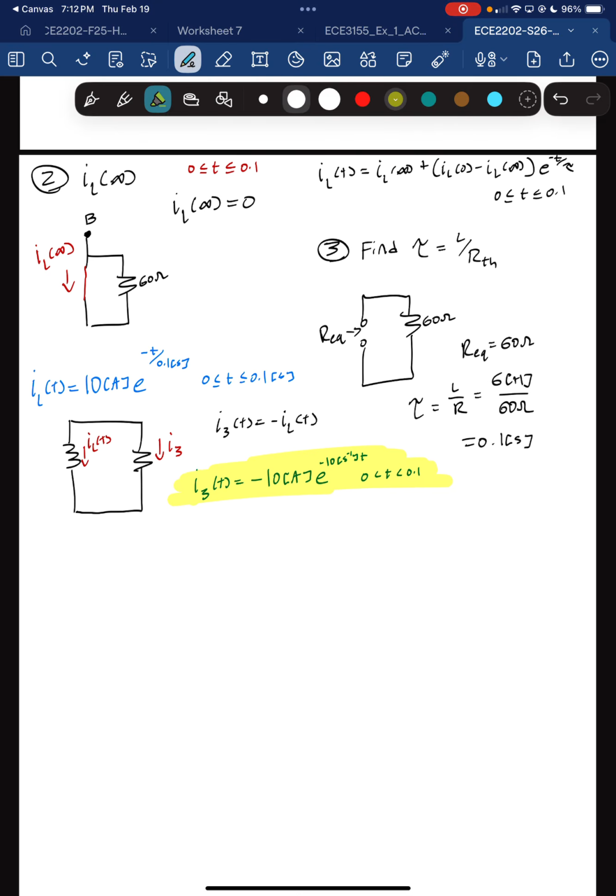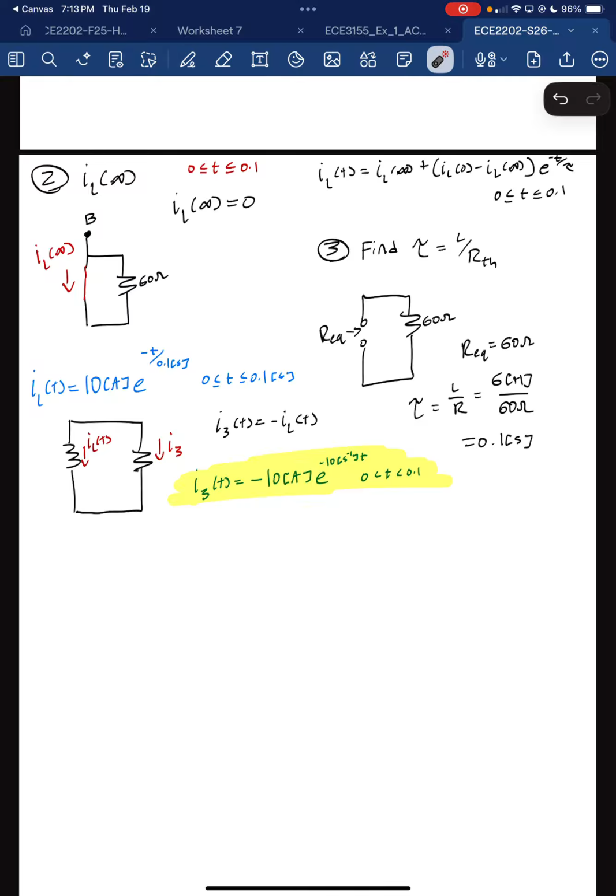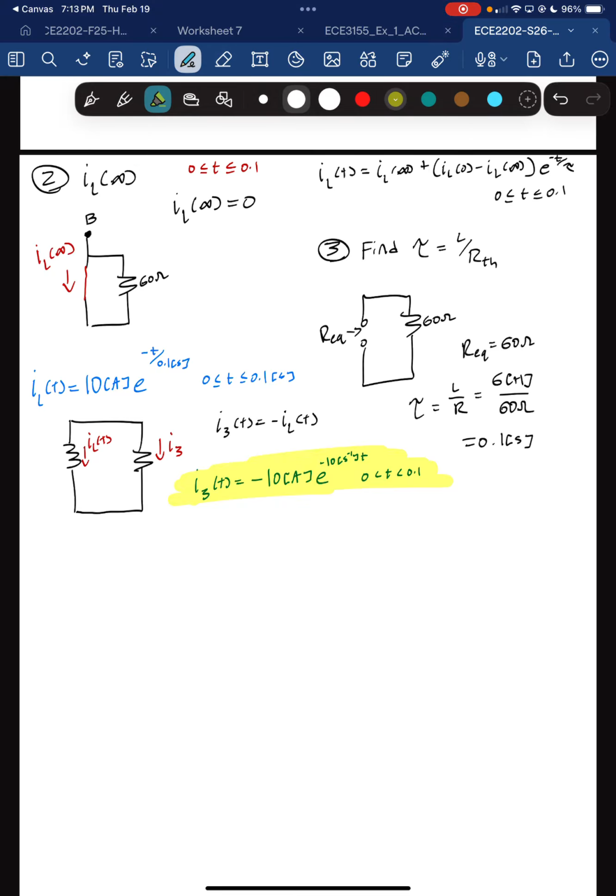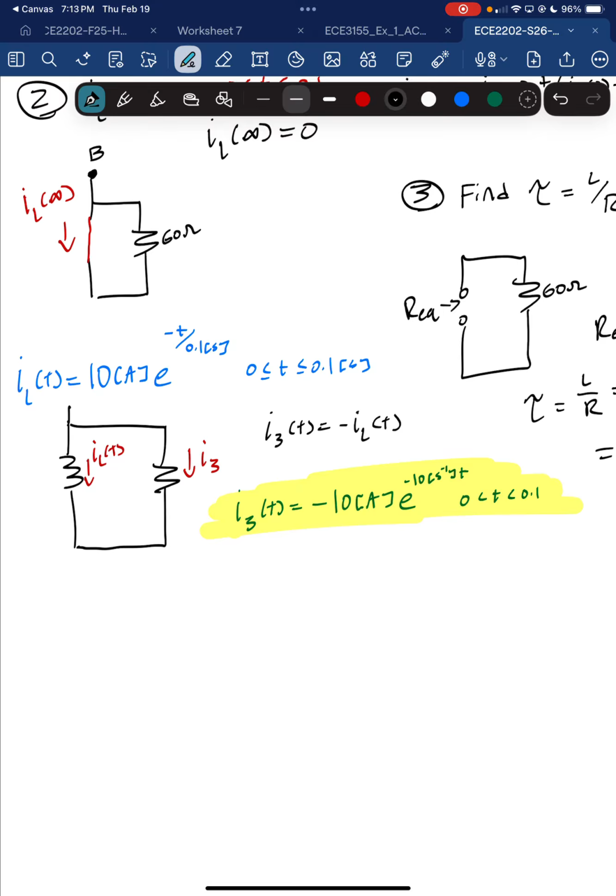Is I3 opposite of IL because it's like this like that? Exactly, yeah. Could you explain the last box, the IL of t, where that came from? Last box. The very bottom left. This one? Yeah, could you clarify what you did there? Yeah, I just essentially redrew the circuit to identify the relationship between IL and I3, right?